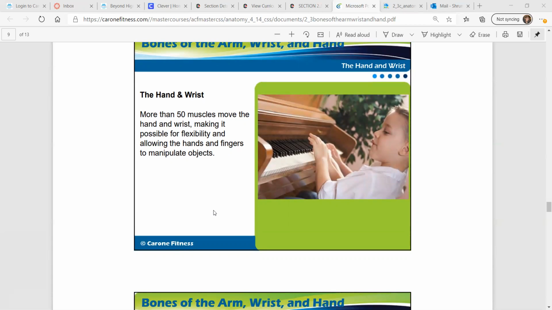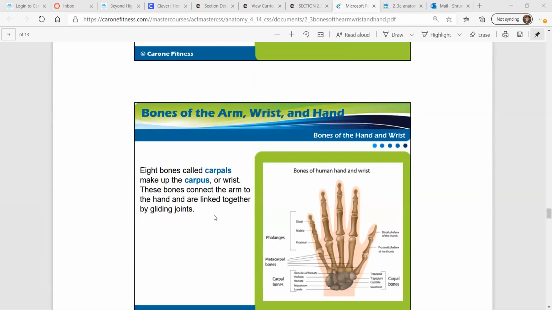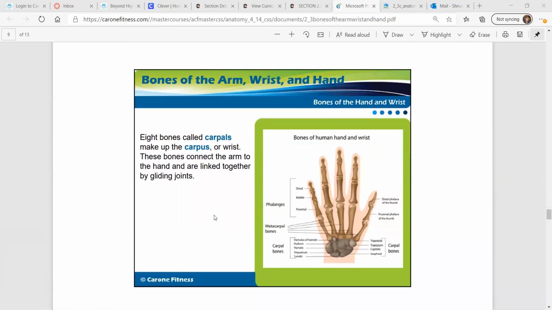Now, the hand and wrist. There are more than 50 muscles that move the hand and wrist, making flexibility possible and allowing the hands and fingers to manipulate objects. Eight bones called carpals make up the carpus, or wrist.